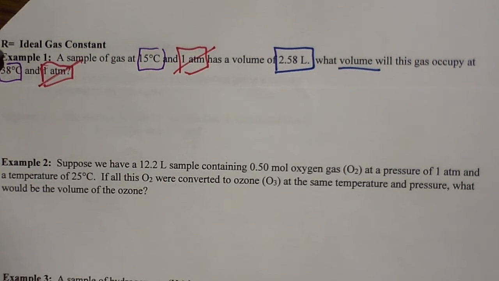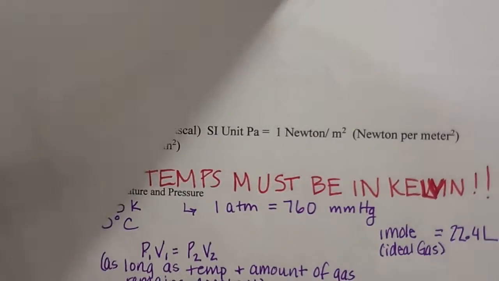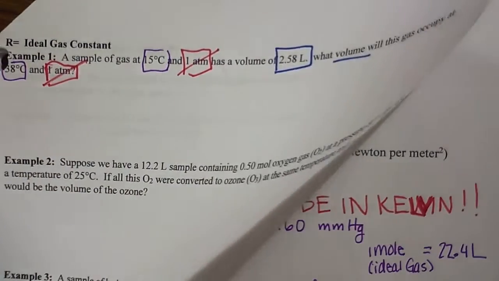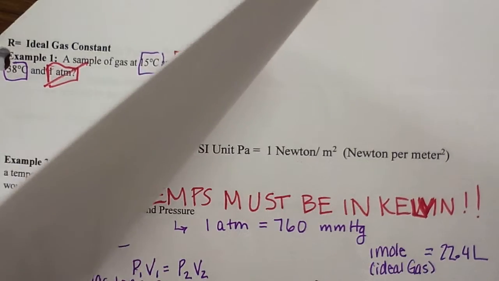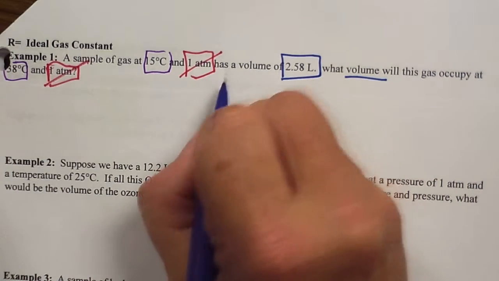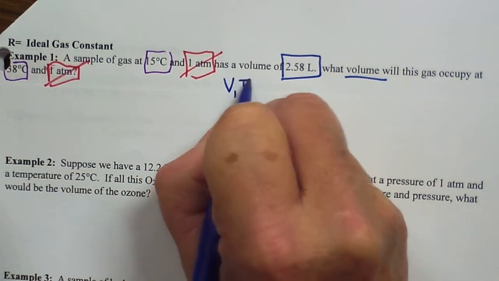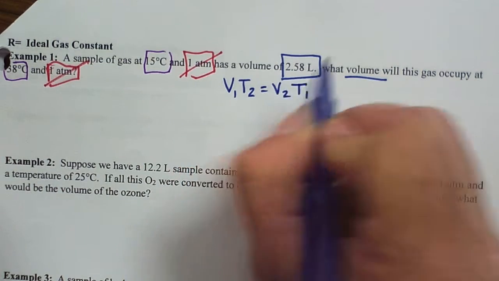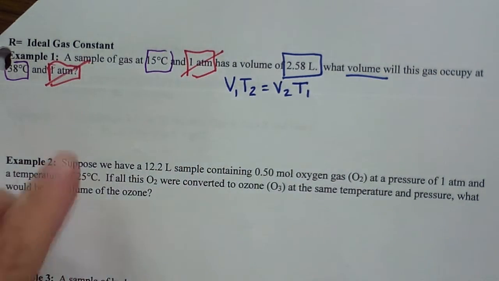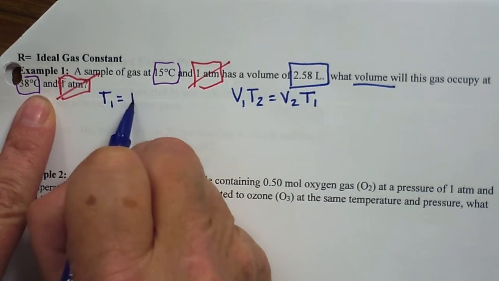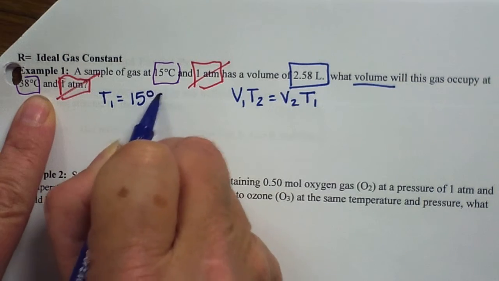Temperature and volume. Do I have a temperature and volume formula? I do. It's Charles' law. So the formula I will be using is V1 T2 equals V2 T1. Now I lay everything out. My temperature 1 is equal to 15 degrees Celsius.